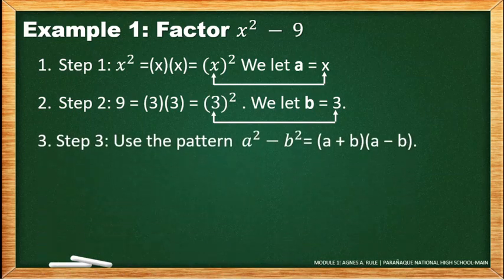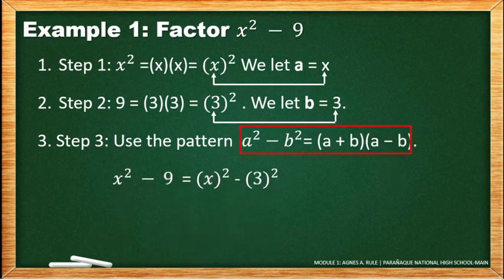Use the pattern A squared minus B squared is equal to open and close parenthesis A plus B times open and close parenthesis of A minus B. Papalitan lang natin lahat ng A ng X at lahat ng B ng 3. So, mangyayari, so therefore, the factor of x squared minus 9 is equal to x squared minus 3 squared is equal to, ito, open and close parenthesis x plus 3 times x minus 3.